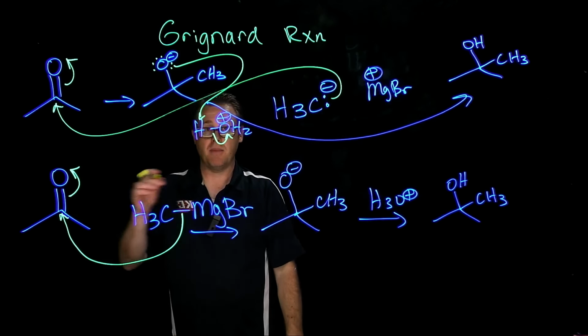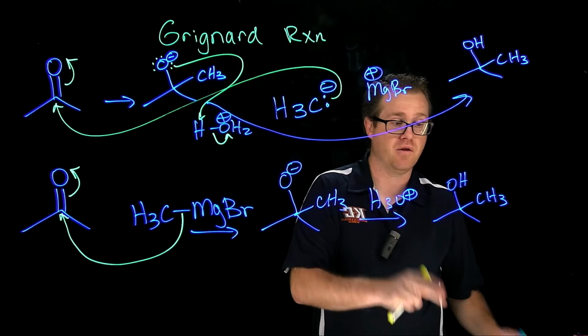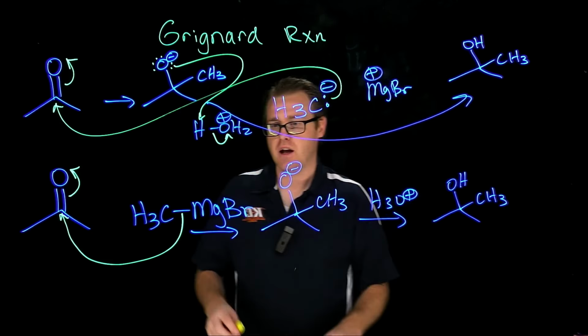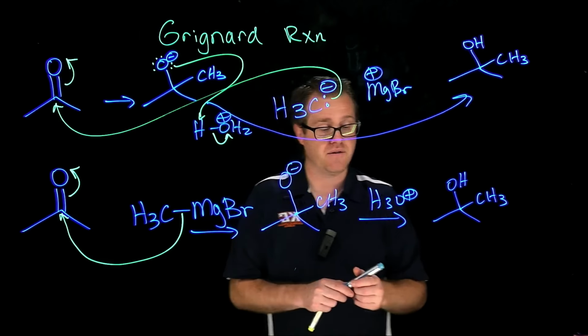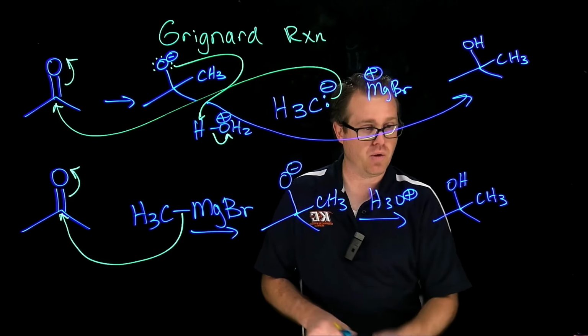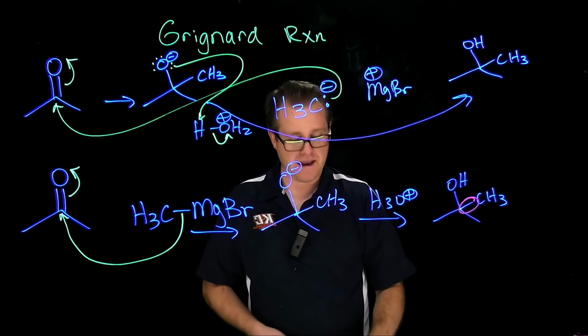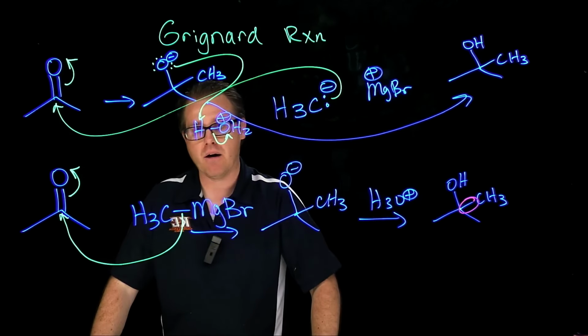So what's amazing and cool about this reaction is this is one way to form or create tertiary alcohols. Another reason why this reaction is so cool is the fact that you are forming a new carbon-carbon bond. Remember that whenever we can form carbon-carbon bonds, that is a very powerful reaction.